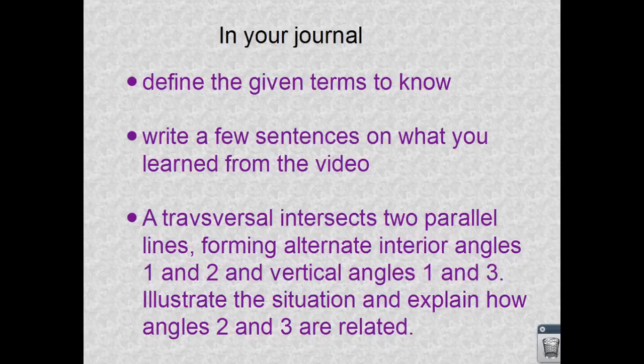It says, a transversal intersects two parallel lines, forming alternate interior angles labeled 1 and 2, and vertical angles that are labeled 1 and 3. I would like you to illustrate this situation, meaning draw the picture, and then explain in words, nice full sentences, how the angles 2 and 3 are related.